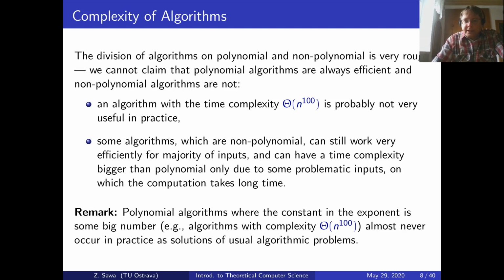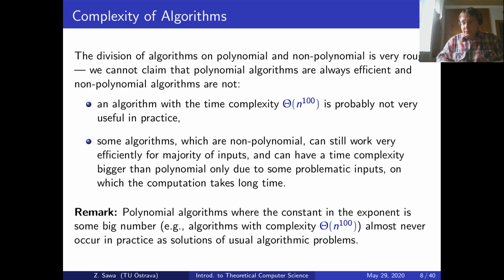And as I have already mentioned, we could have some algorithms which are not polynomial, but can still be useful in practice on many inputs, especially if they are implemented in some clever way, and they are not these brute force kinds of exponential algorithms that just try all the possibilities.